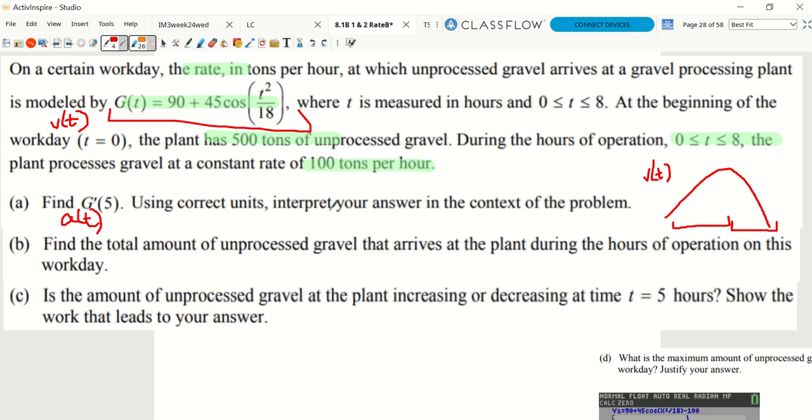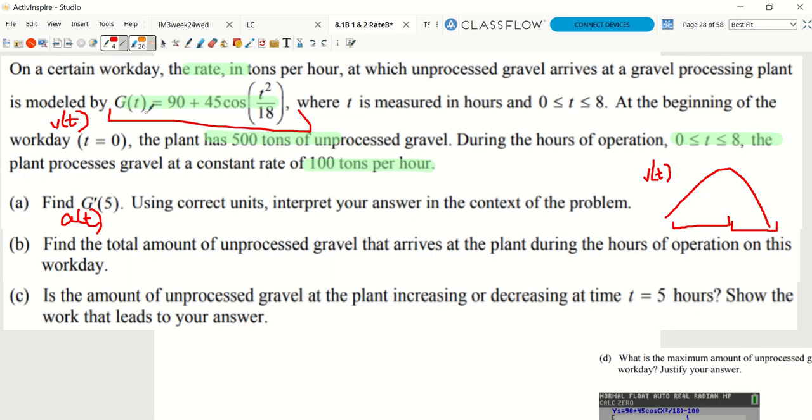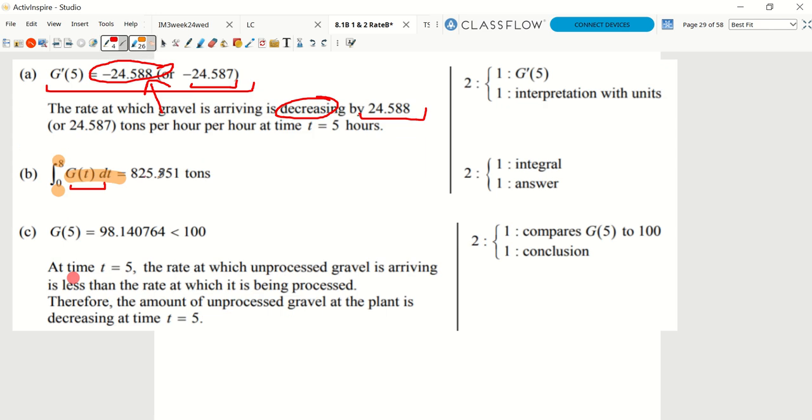Now find the total amount that arrives at the plant. If they give you a rate, right off the bat you think amount, and what do you think of? Starts with an I. Integral. So right off the bat, integral 0 to 8 of the rate function, which is g of t right here, and you get this.